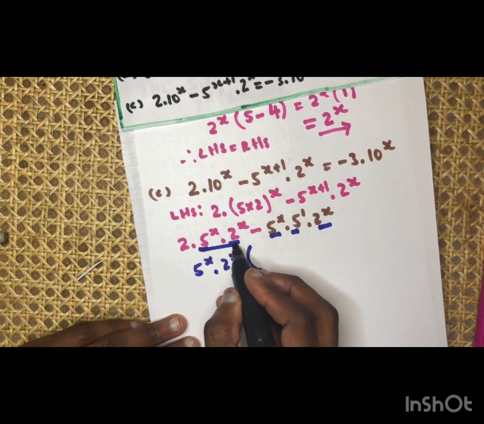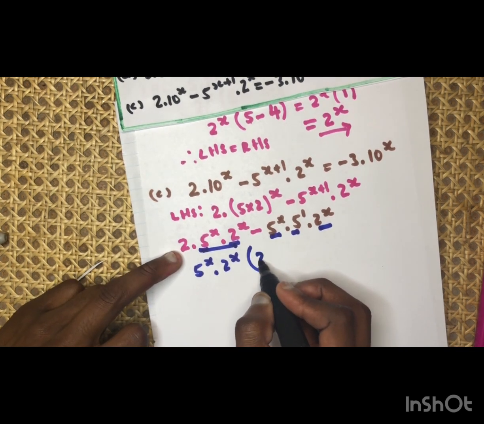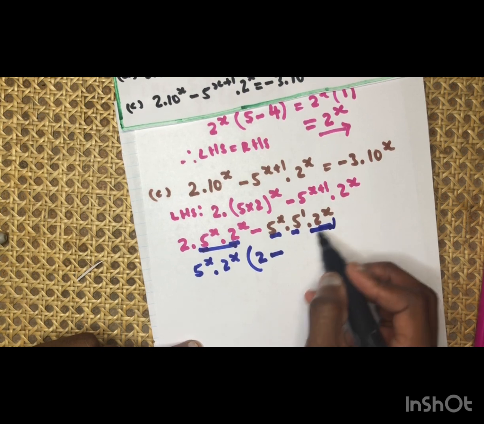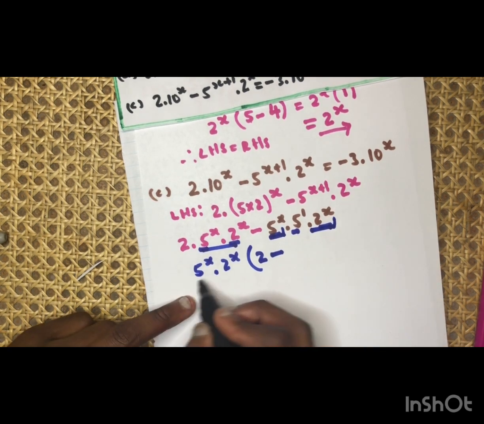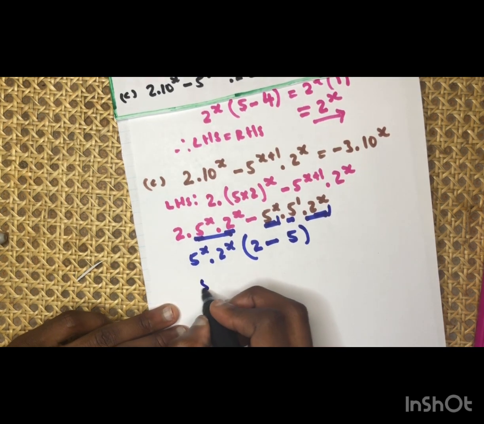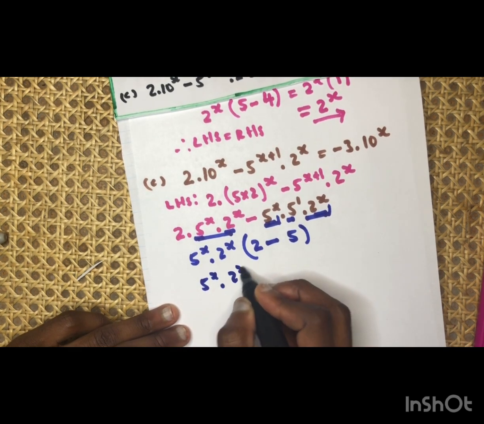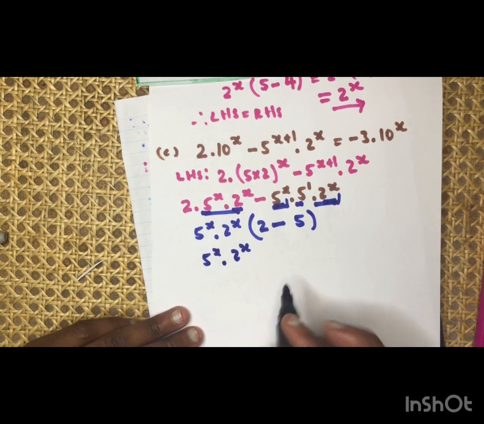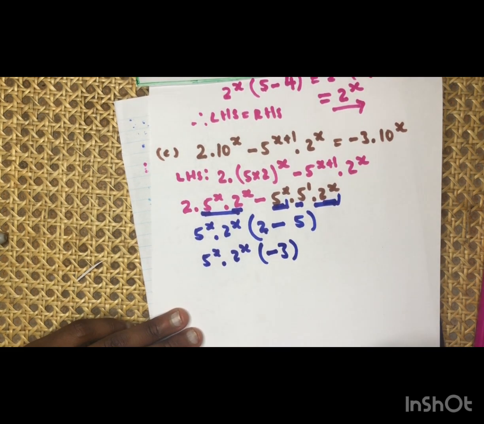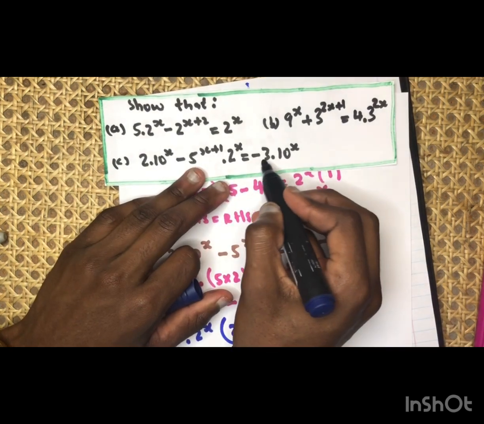If I take this one out, then I'm left with 2. Then we keep the sign. Then if we take this one out, remember it is this one, we're left with 5. So this is 5 to the power x times 2 to the power x. Now inside, 2 minus 5, we get minus 3. Yes, I'm happy because I see that we have minus 3.